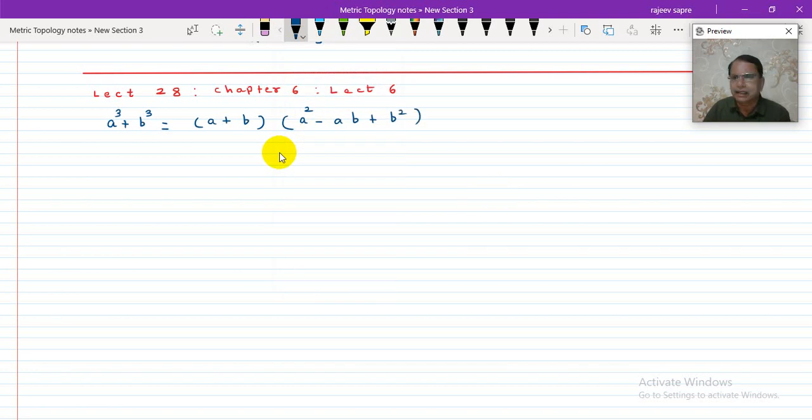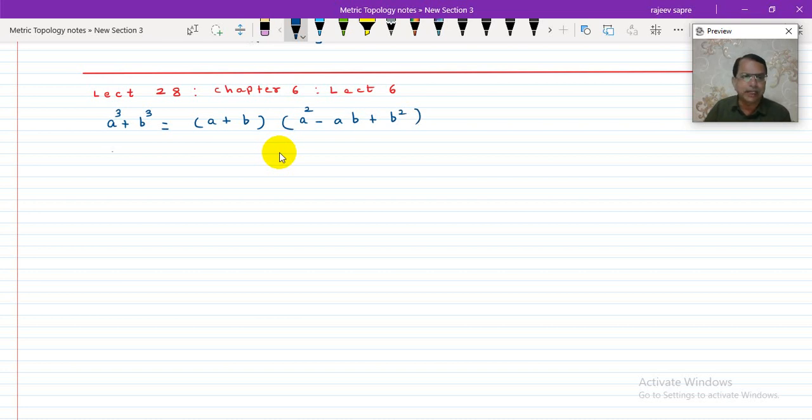So we wrote the algebraic expression a cube plus b cube in the form of a product. This is called factorization. Factorization means expressing the given thing as a product of two or more terms.